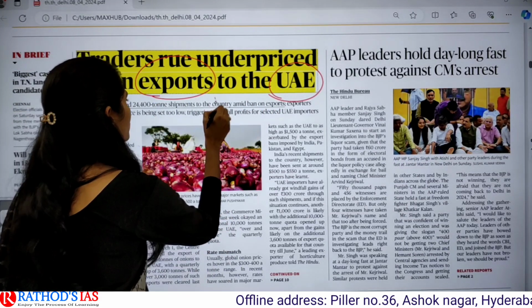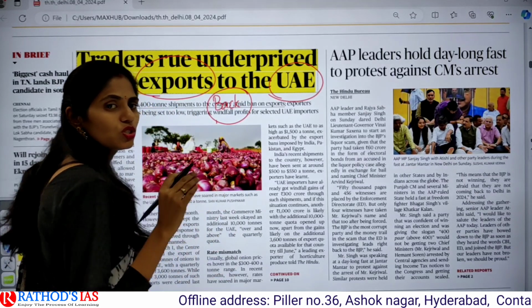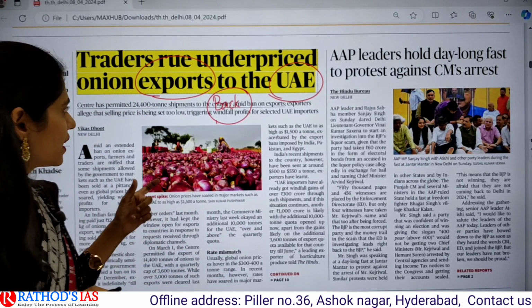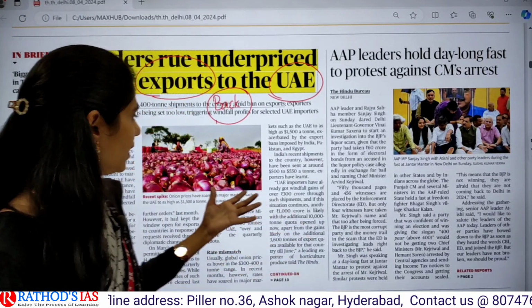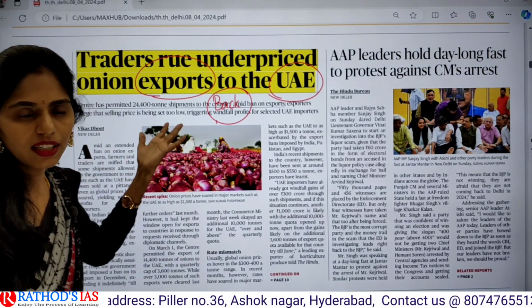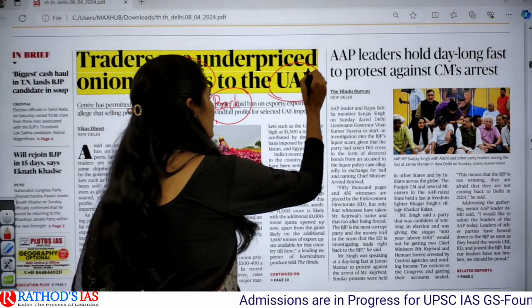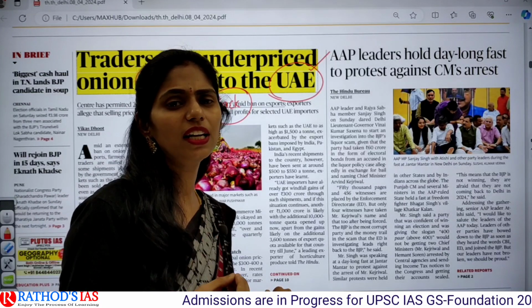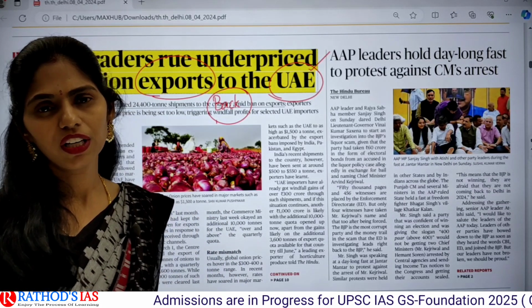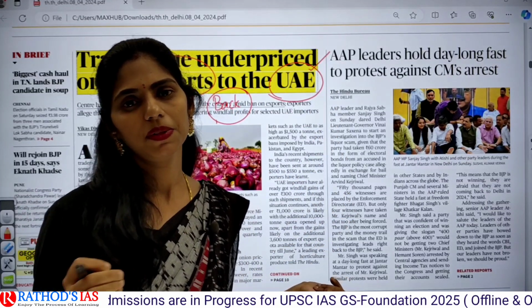So here you have to know some background. The background is that the government of India stopped or banned the export of onion to other countries because of price volatility. But they came up with exporting onions to UAE again. And in UAE there is a high price, and Indian farmers are getting losses. They are selling onion for 12 to 15 rupees here, but in UAE it sells for 120 rupees per kg.